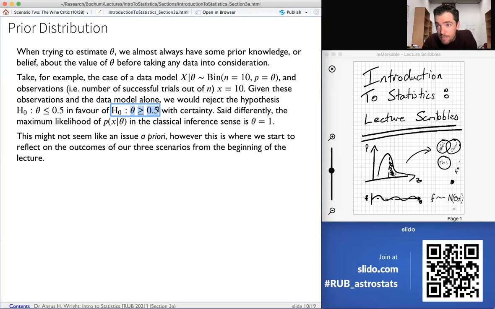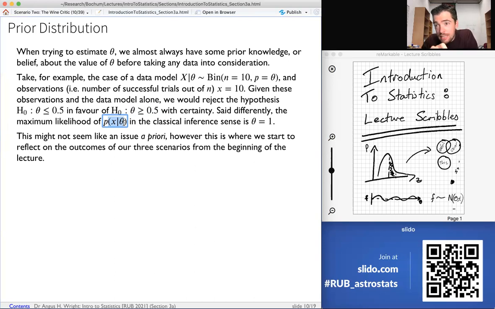The reason is that in classical theory, the maximum likelihood of this binomial data, given the possible values of theta, is at theta equal to 1, because every trial was a success. So the maximum likelihood of X given theta is at theta of 1.